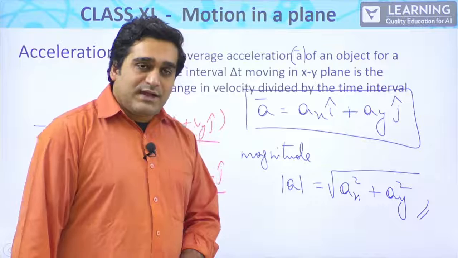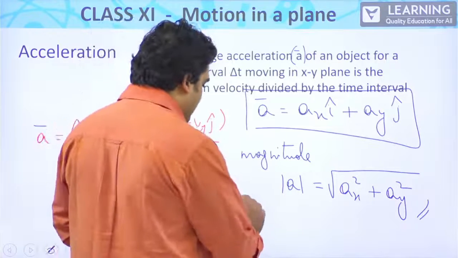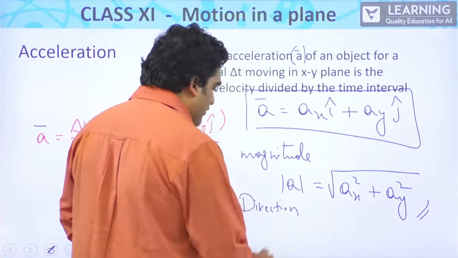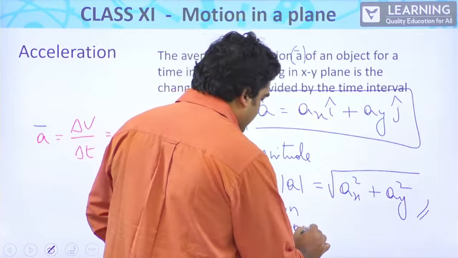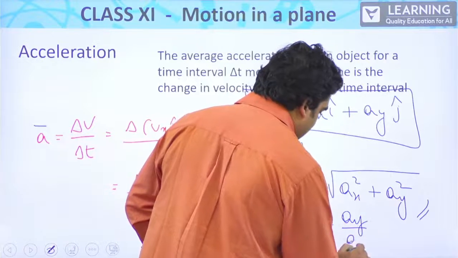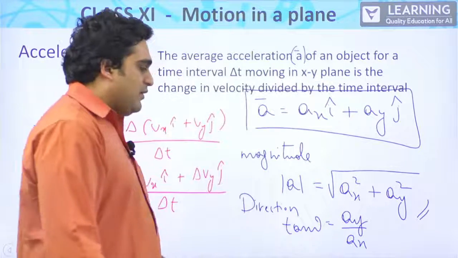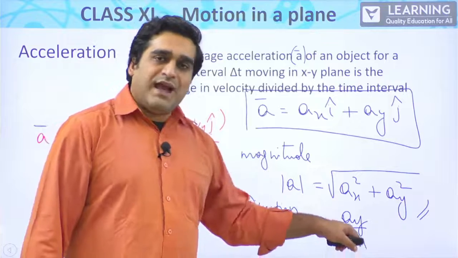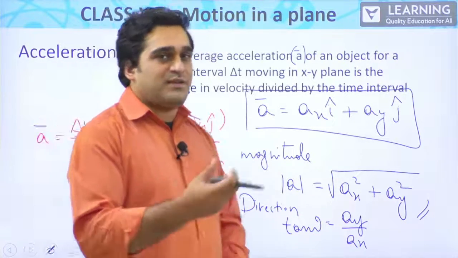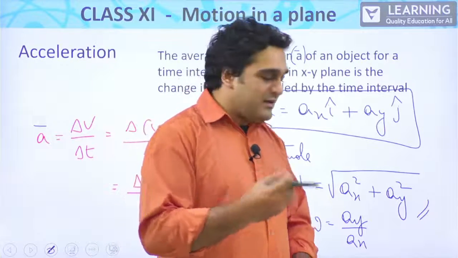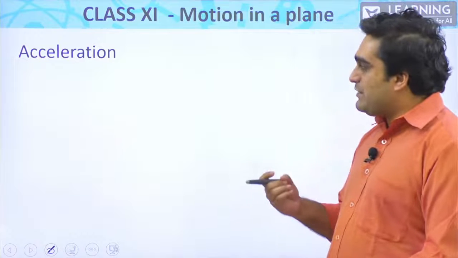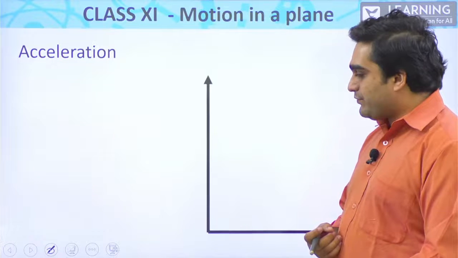Now what about its direction? Again, for direction, we use tan theta equals ay by ax. Now that we have a formula for direction, how do you graphically represent it? That is what we're going to discuss in the next section, how to graphically represent an acceleration.